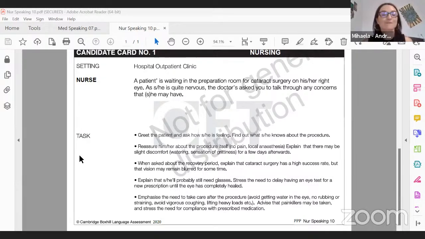Okay, thank you. So first of all, if we have surgery today, usually we prepare the admission document. It's not in the task.